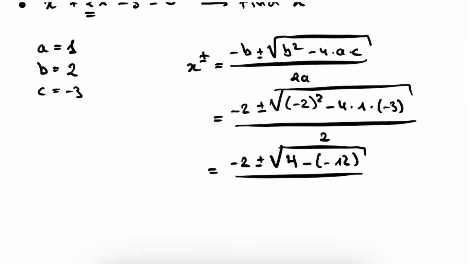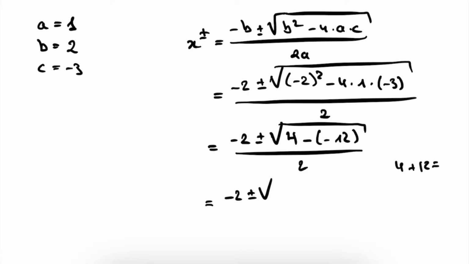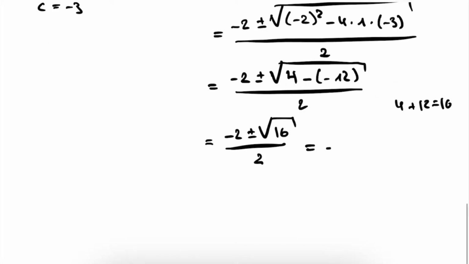And then we divide these by 2. So what do we get? We get minus 2 plus minus the square root of 4 plus 12. And 4 plus 12 is 16. So square root of 16 divided by 2, which is equal to minus 2 plus minus 4 divided by 2.